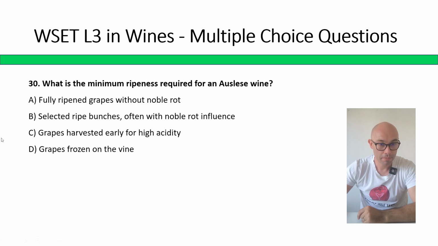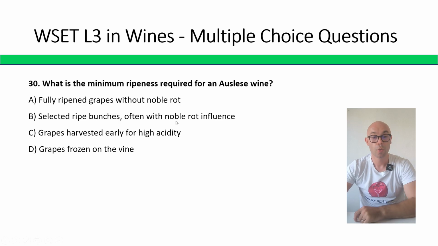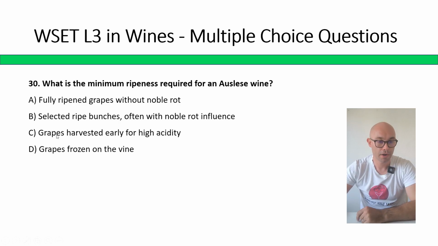What is the minimum ripeness required for Auslese wine? Fully ripe grapes without noble rot, selected ripe bunches often with noble rot influence, grapes harvested early for high acidity, grapes frozen on the vine. So Auslese actually means that it's selected grape bunches that can have influence of noble rot.